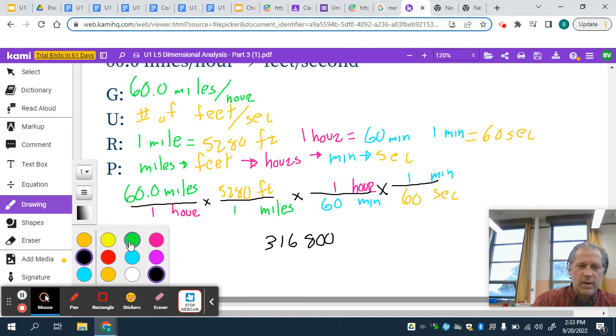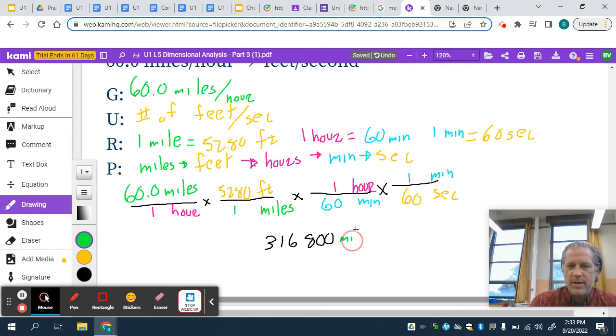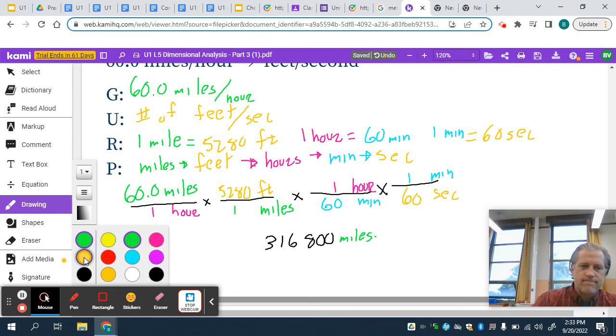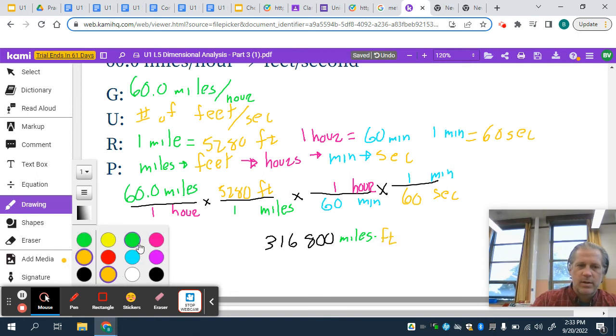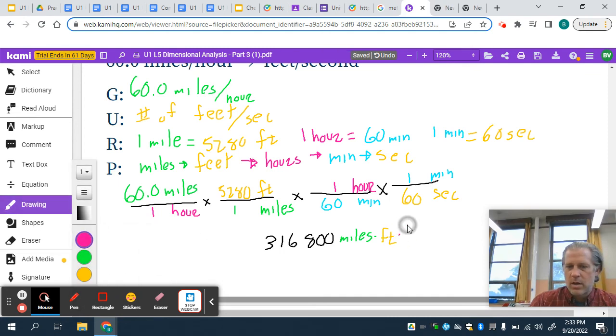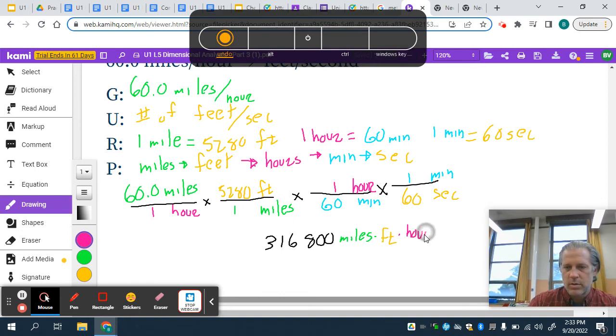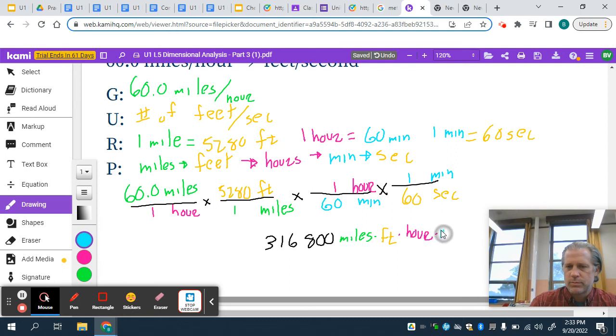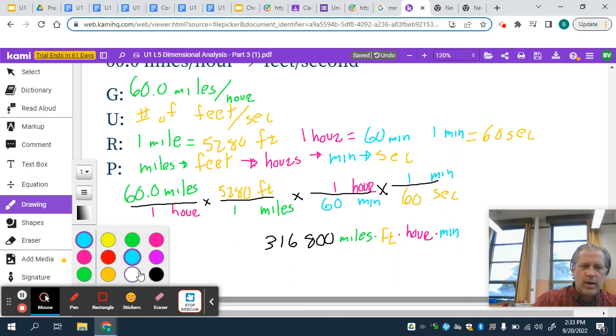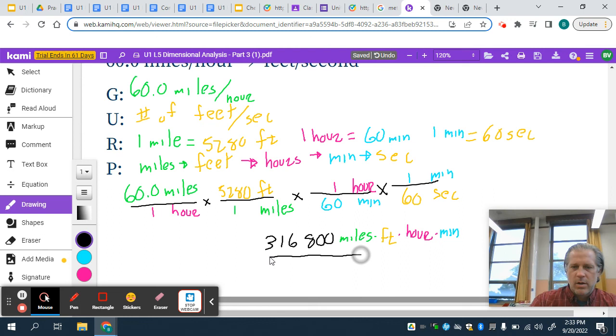And my units, like we've been doing all the time here, are going to be miles, feet, hours, minutes, and then we're going to divide that by 1 times 1 times 60, which is 3,600.